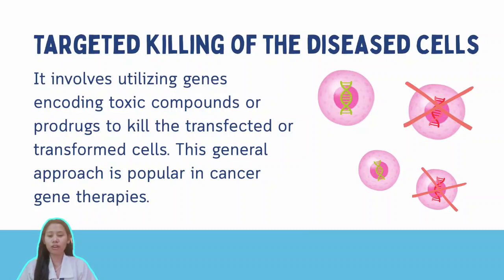So the process of targeted killing is to do this: a gene is delivered into the cancer cell. When the patient takes a certain drug, that drug becomes toxic, but only inside the cancer cells, leading to their death, while the functioning cells are still unharmed.